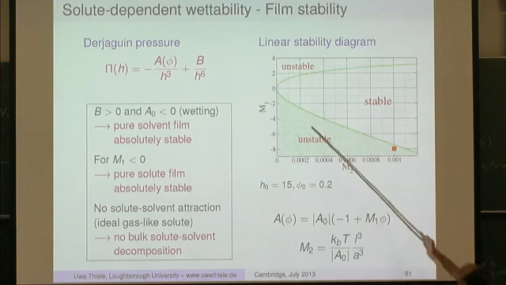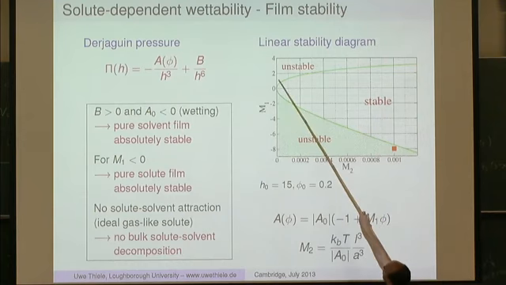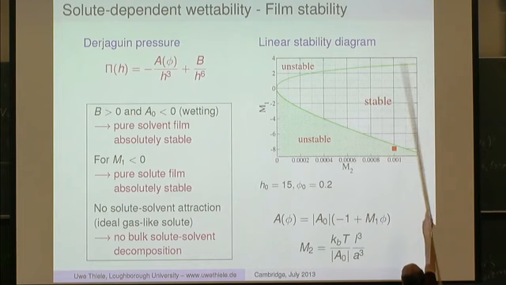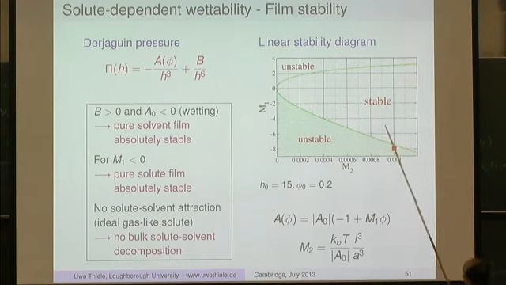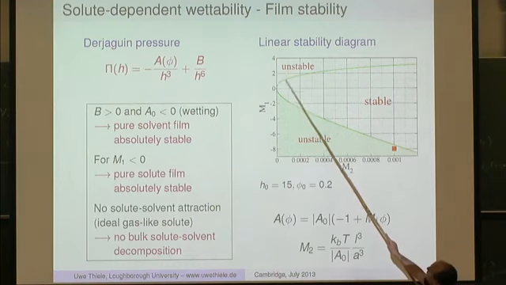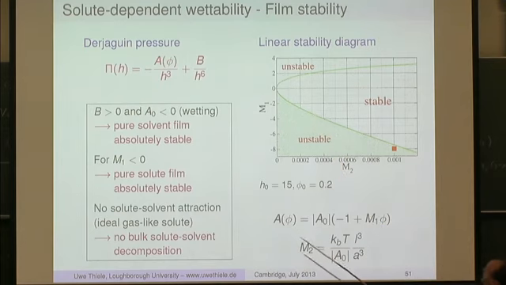So here we would expect, for positive M1, at some value like 3 or 4, the film becomes unstable if you assume it remains homogeneous. However, if it does not need to remain homogeneous, it becomes unstable already for a lower value of this M1.